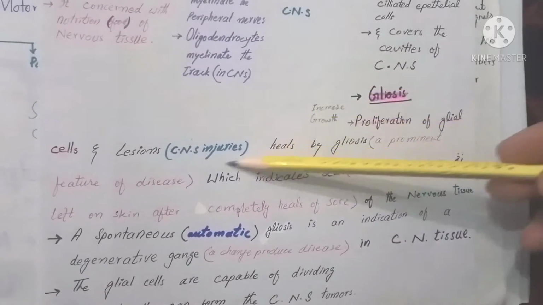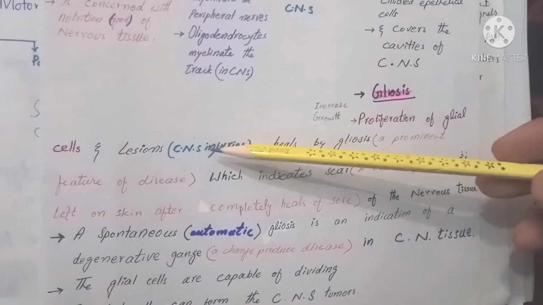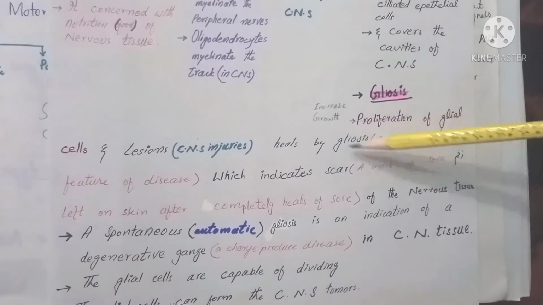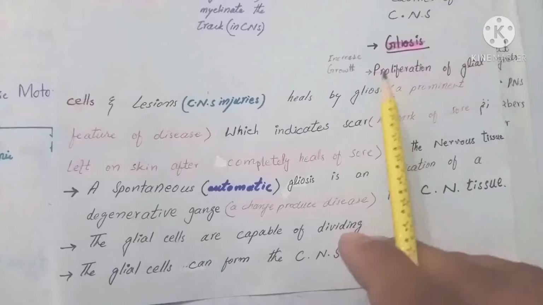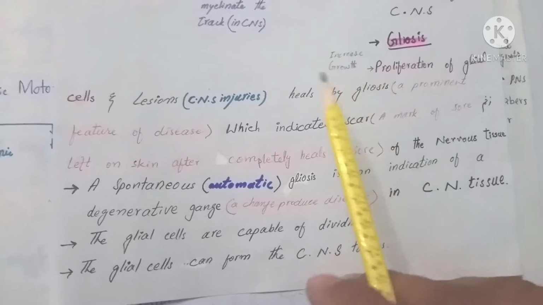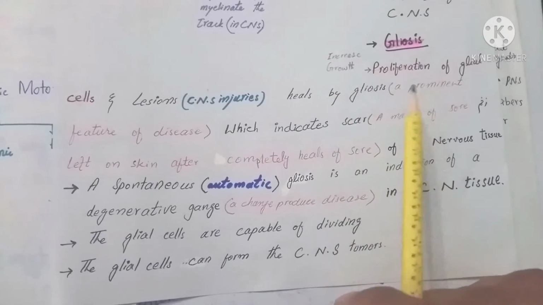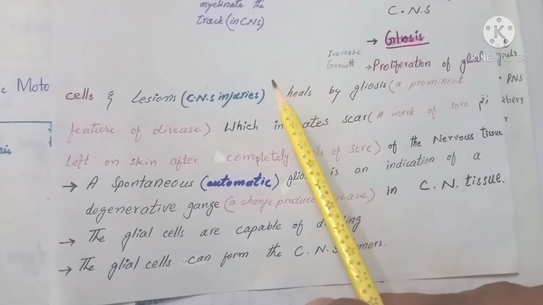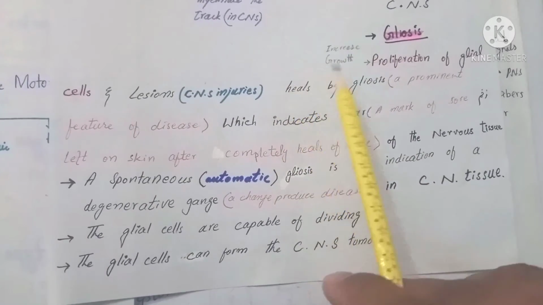Glial cells heal the lesions, and as well increase the growth. Proliferation means increasing the growth of the glial cells, and gliosis heals the injuries of the CNS, as I have written before.